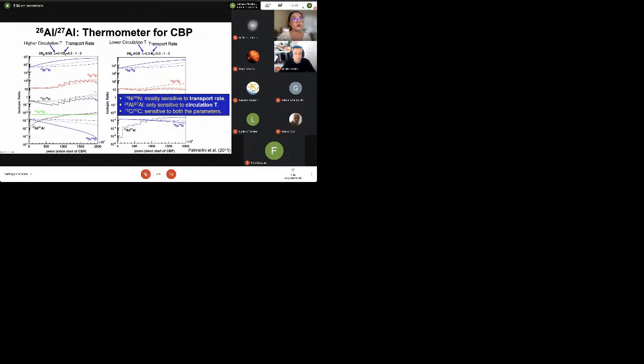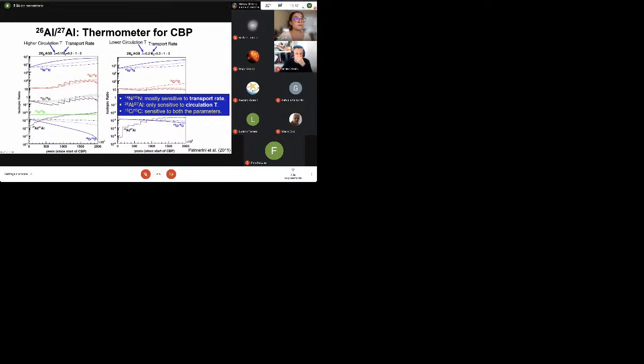By comparing the two panels, we see that the carbon, nitrogen, and aluminum isotope ratios have different sensitivities to these two CBP model parameters. The nitrogen isotope ratio is mostly sensitive to the transport rate, while the aluminum-26 ratio, this gray line here, is barely affected by different transport rates but is very sensitive to the maximum circulation temperature, while the carbon isotope ratio is sensitive to both parameters.